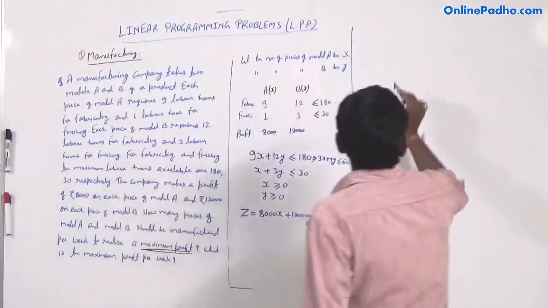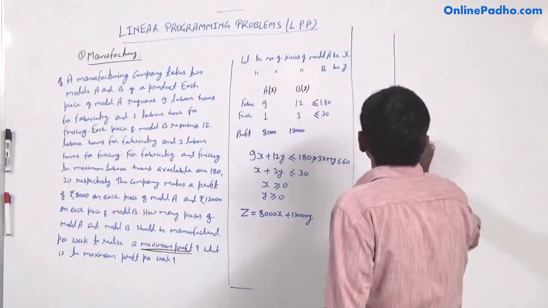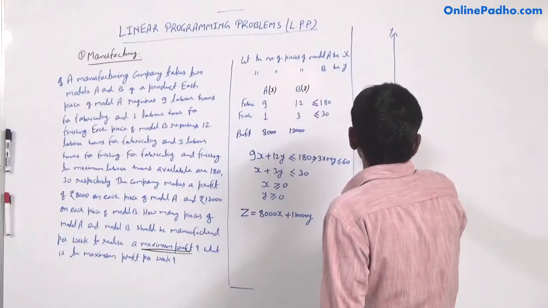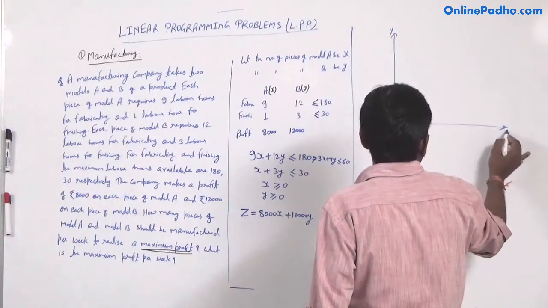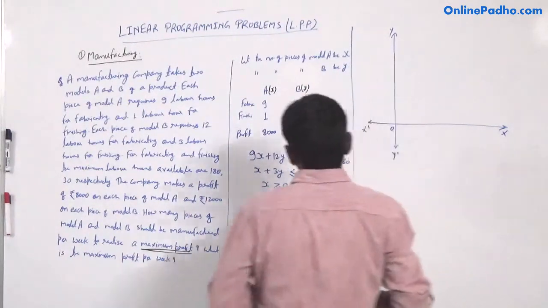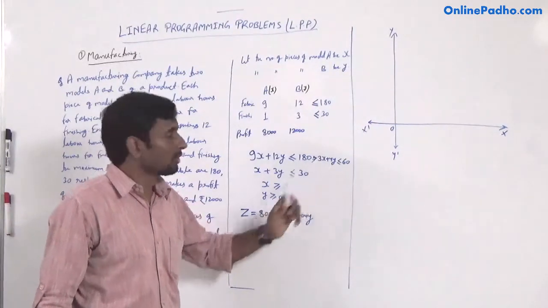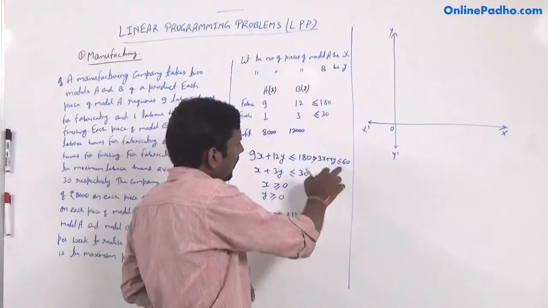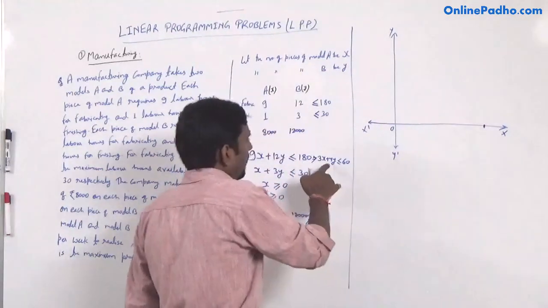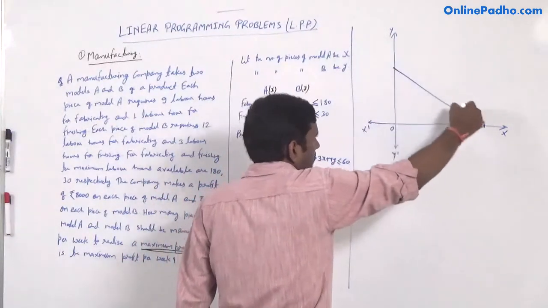So first of all, we have to draw a graph for this, and you need to draw the graph on graph paper only. First we have to draw the straight line for 3x plus 4y equal to 60. If you take y equal to 0, x equals 20. And if you take x equal to 0, y equals 15. So this will be a straight line.